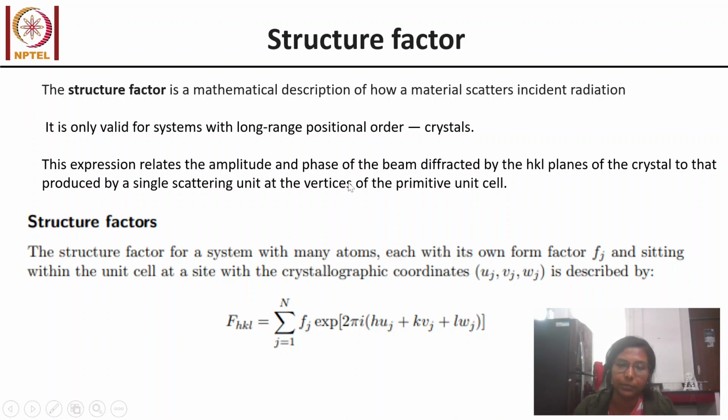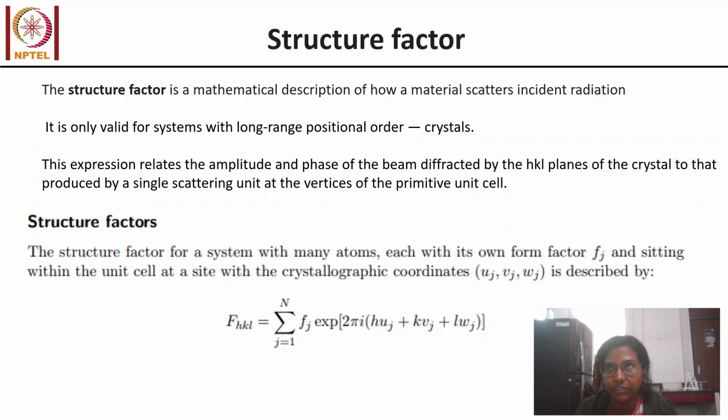Here we will consider our material as a good single crystal. If our material is a single crystal and we follow Bragg's law, Bragg's hypothesis, then the crystal is made up of many kinds of planes, HKL planes, and every HKL plane will have a structure factor. Why?